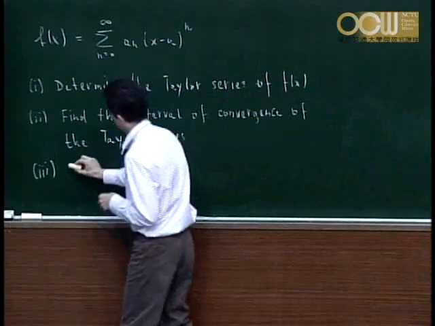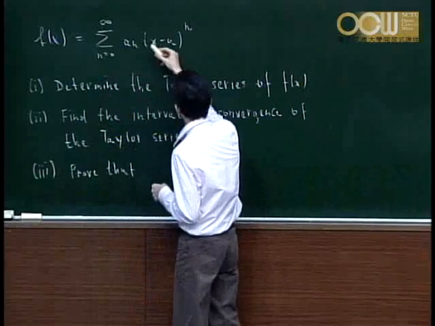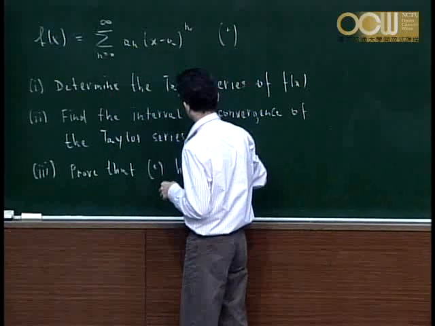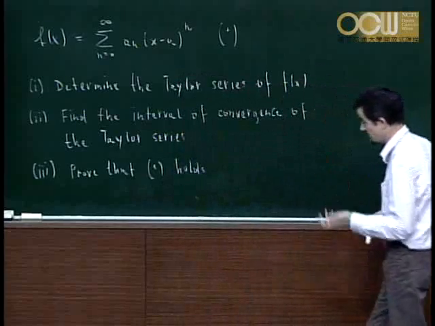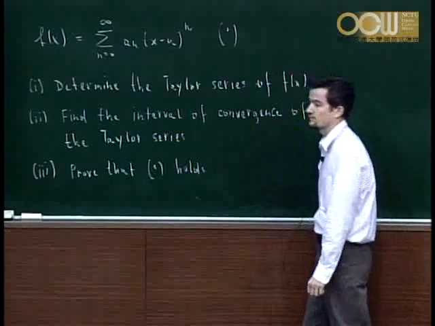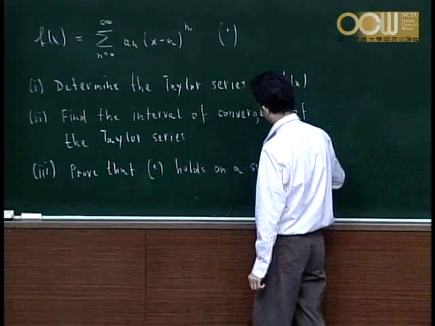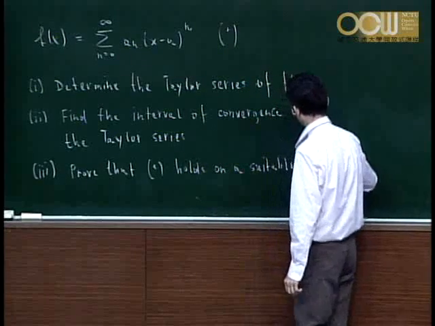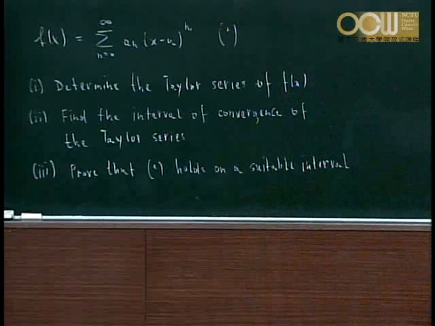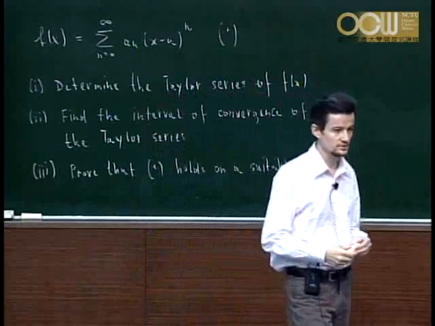So prove that this equality here, call this maybe star, holds on some interval, which is normally a subinterval of the interval of convergence, on a suitable interval. Okay, so in general, if you have given a function f of x and a number a, that's what you have to do in order to find the power series representation of the function.